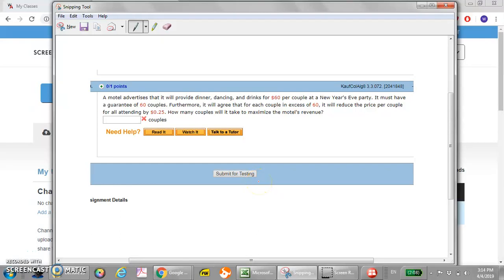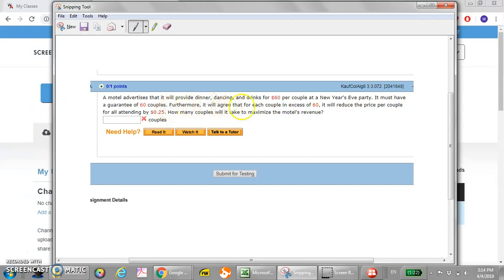Now let's see another example. A motel advertises that it will provide dinner, dancing, and drinks for $60 per couple at a New Year's Eve party. It must have a guarantee of 60 couples.